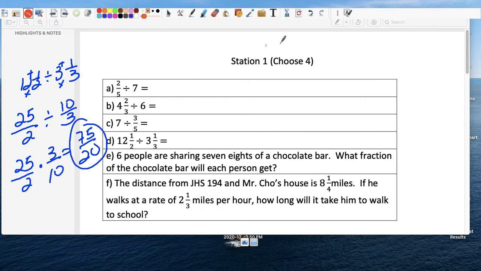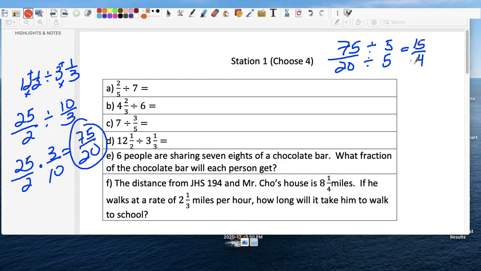Can we simplify this? Let me bring it over here. Yeah, we can. Let's divide this by 5. 75 divided by 5 is 15. 20 divided by 5 is 4.